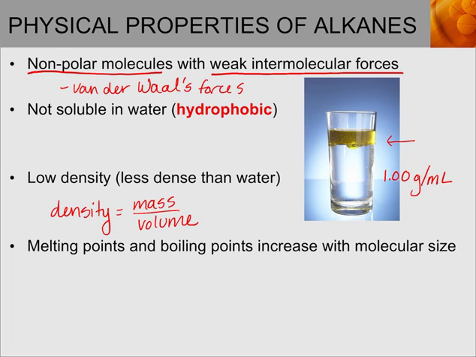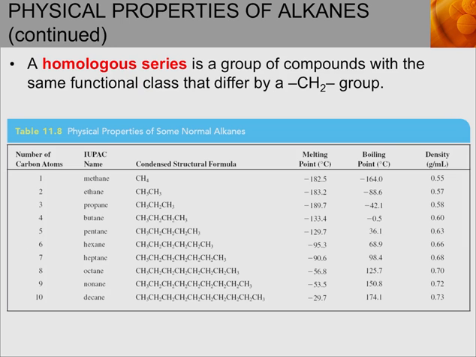Also, alkanes have melting points and boiling points that increase with molecular size, and we'll see a chart of that in a bit. All right, down below you can see a table with the first 10 simple alkanes, and there's actually a term for these alkanes.